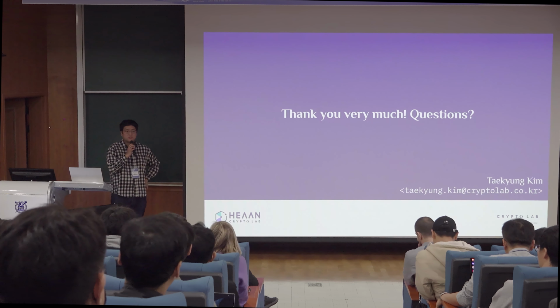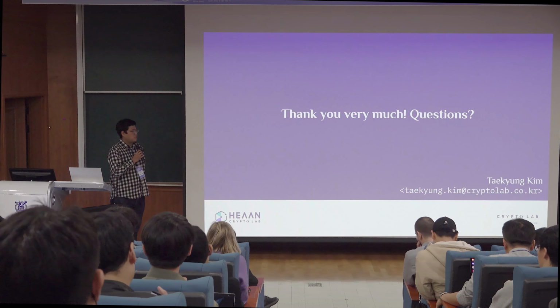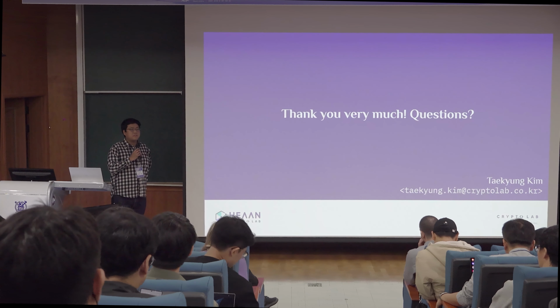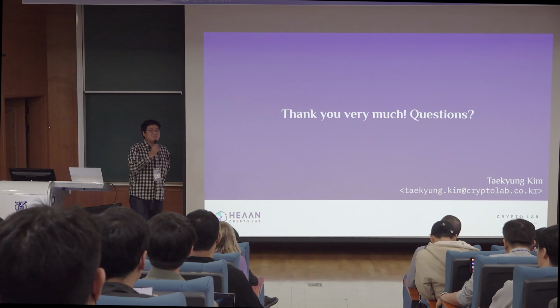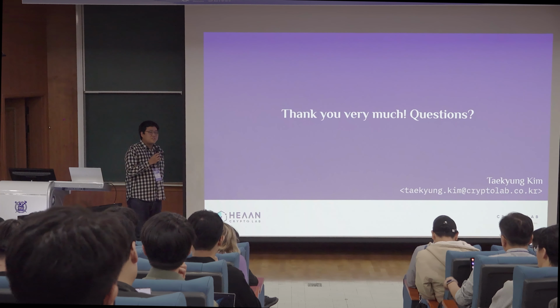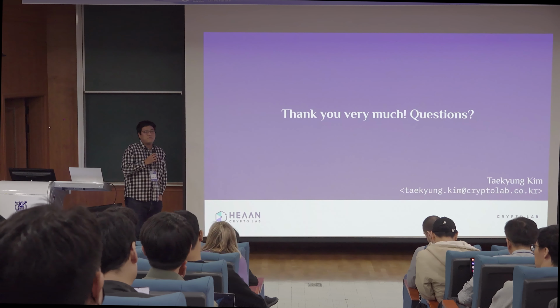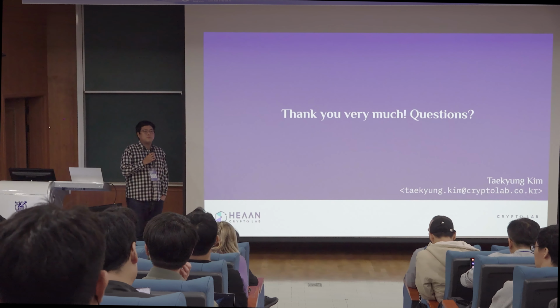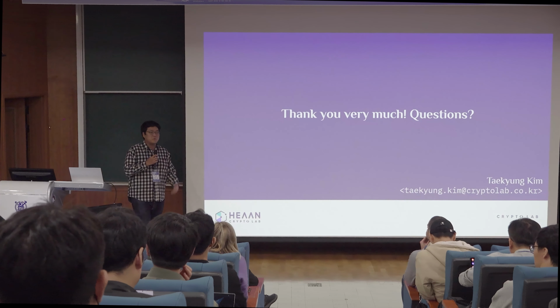Yeah, that's a very great question. As a developer of HEaaN.Math, our main job is to provide our APIs to our users, such as HEaaN.Stat. Usually, we have a very strong trade-off between runtime performance and memory or accuracy.